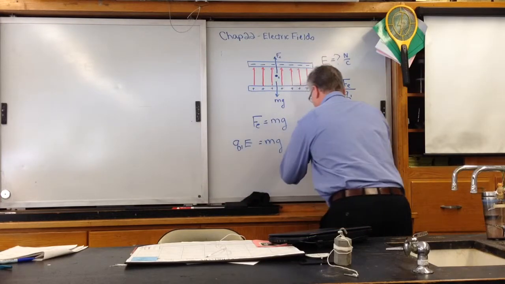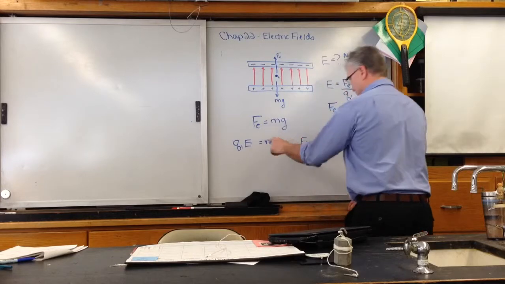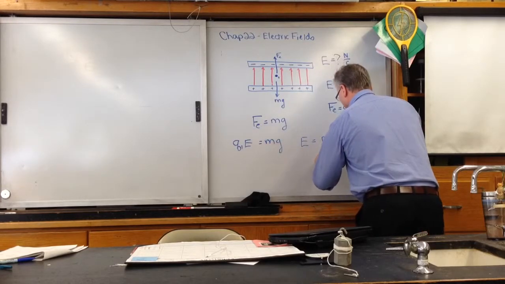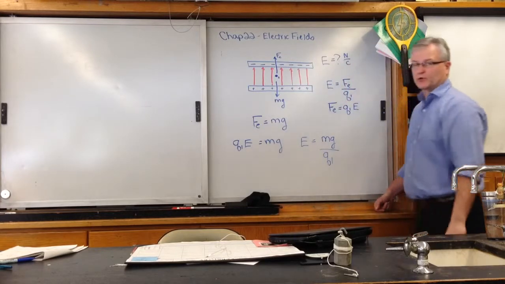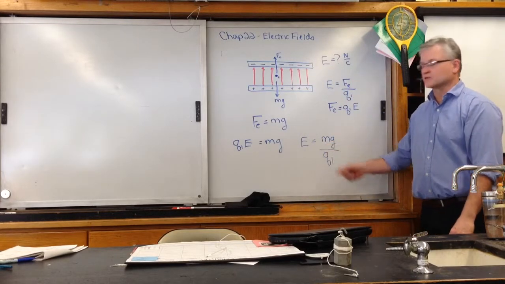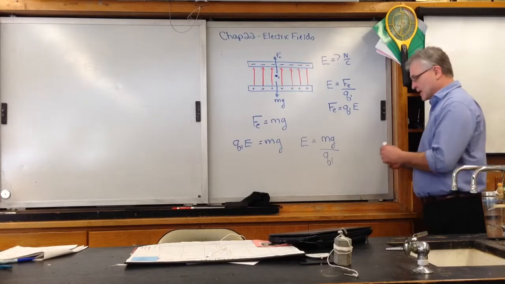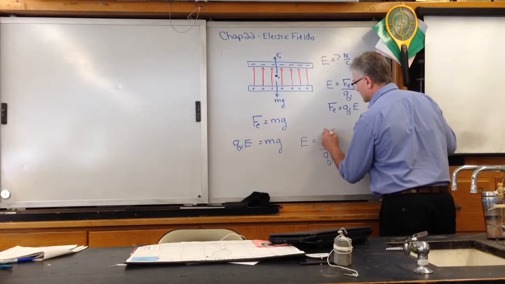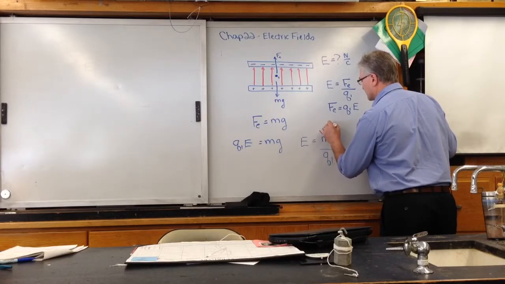So we'll end up with the electric field is going to be equal to the weight of the proton divided by Q1, which is the charge of the proton. So we know the mass of the proton, common knowledge, is 1.67 times 10 to the negative 27th kilograms.